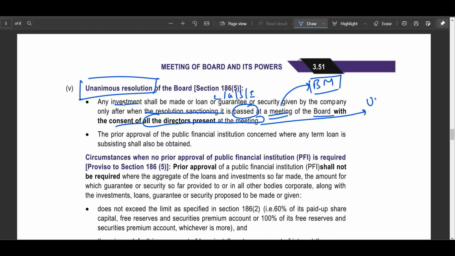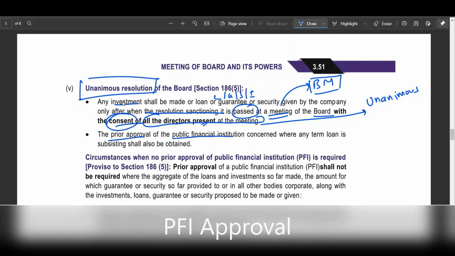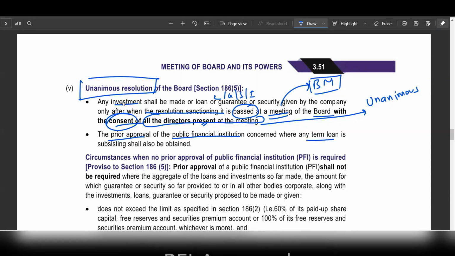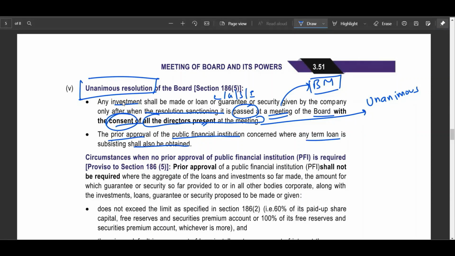That is unanimous resolution. All the directors present, jitne bhi directors hain which are present, are giving the consent. The prior approval of the public financial institution concerned where any term loan is subsisting shall also be obtained. PFI approval की बात भी करते हैं अभी.